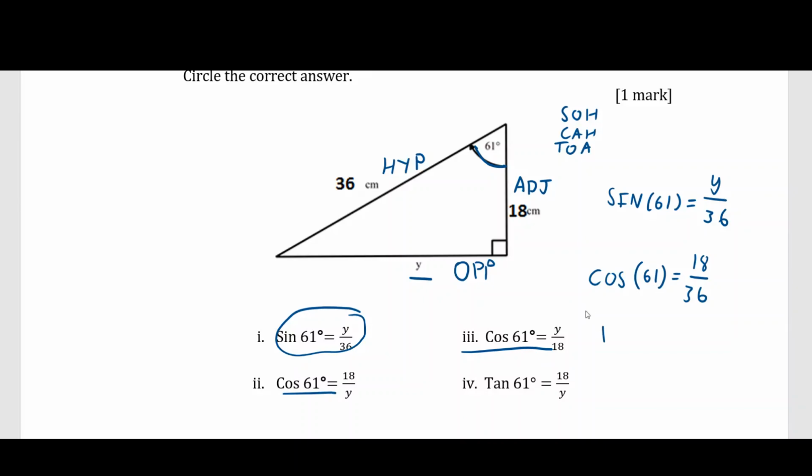The tan of 61, just for interest, the tan of 61 is equal to the opposite on adjacent. So that's going to be y on 18. Y on 18. Nope, that's wrong as well because it's 18 on y. So tan of 61, y on 18. So our first answer there is correct.